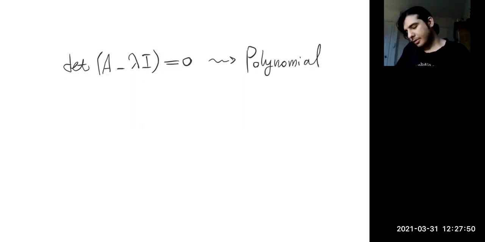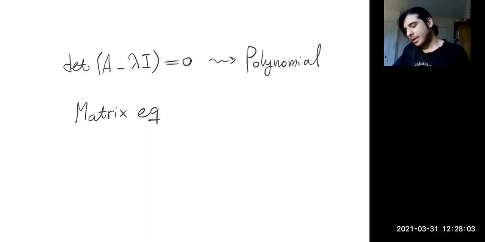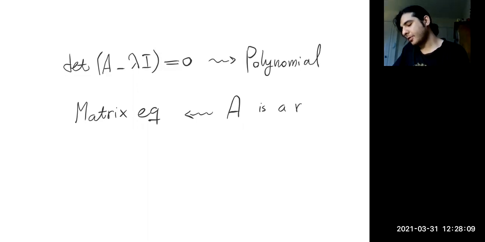And as I said, A itself, thinking about lambda as a matrix for a moment, satisfies that polynomial, A is a root of that polynomial itself. Now, there is an interesting theorem.